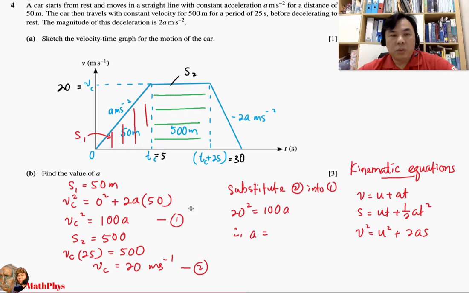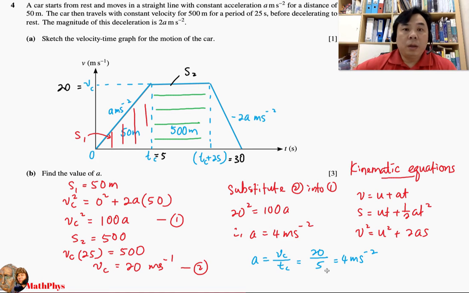Therefore, the solution for the value A would be 2 meter per second, just like what we have obtained. Is it? Oh, sorry, it's 4 meter per second squared. Exactly the same result that we have obtained before this, but previously we used A is equal to VC divided by TC, which is 20 divided by 5, and that would yield the same result here. Right. Now, I hope that is clear.